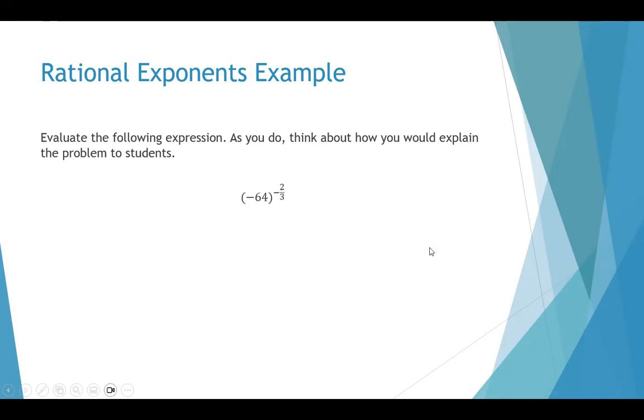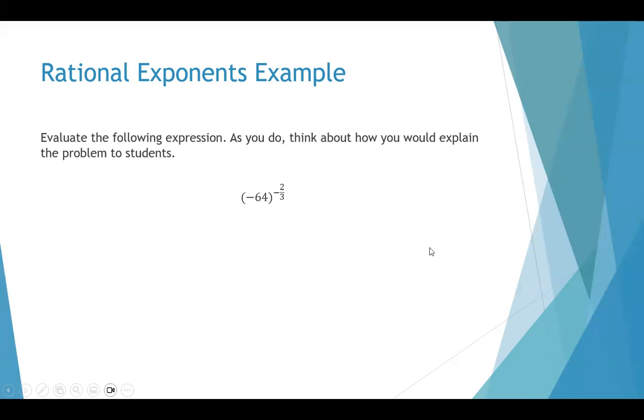If you raise that to the negative square, you would have 1 over 64 squared, all raised to the cube root of 1 over 64. And then you can figure out the cube root of 64.